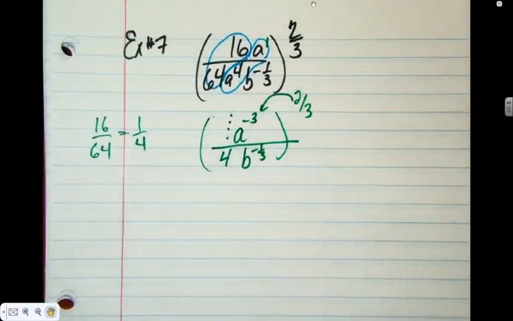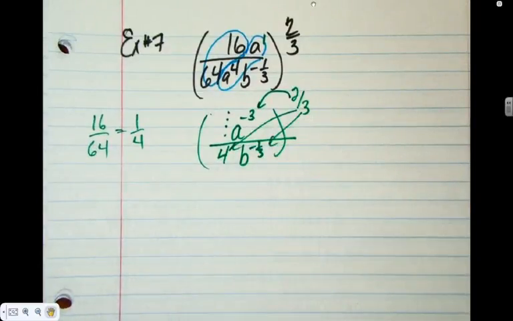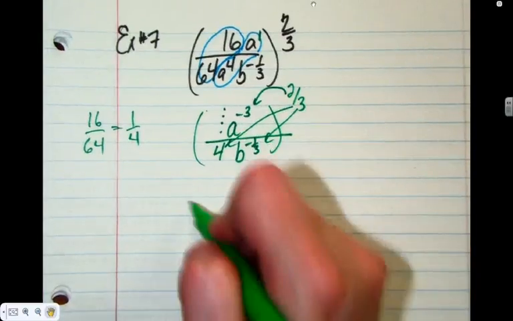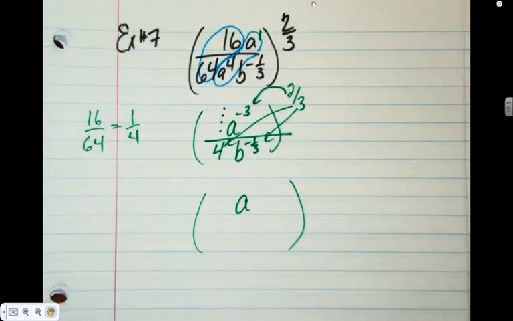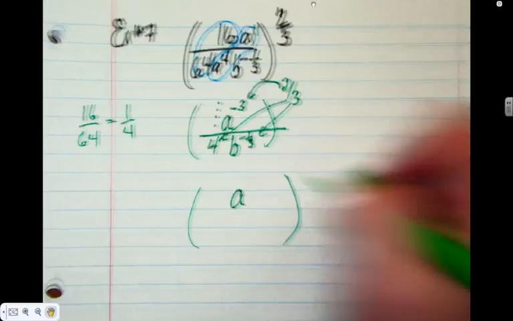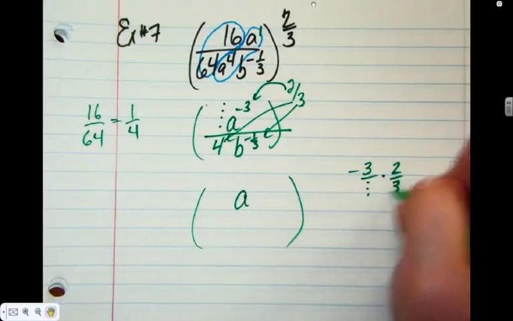So the 2/3 is going to be given to the A, it's going to be given to the 4, and it's going to be given to the 3, to the B. Oh, we don't worry about the negatives till the end. So I'll move them around as the last step. Okay, what are we doing with the A when we give it that 2/3? So it's going to be the negative 3 over imaginary 1 times 2/3.